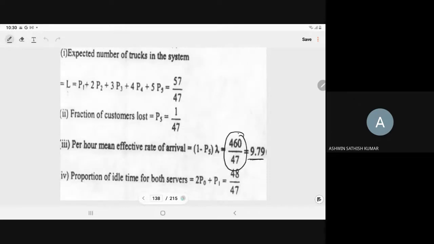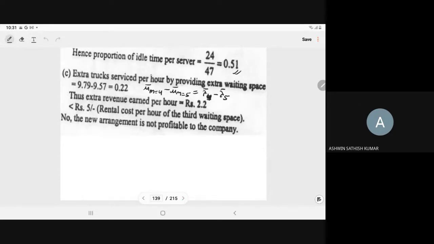So here we have to reverse this, lambda 5 minus lambda 4. So here we have 9.79 minus 9.57, that is the extra service trucks per hour. And from this extra serviced truck, you are getting an additional revenue of 2.2 with the rate of 10 per hour, right?